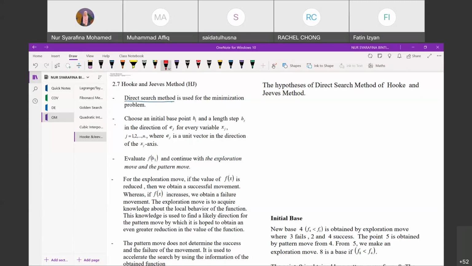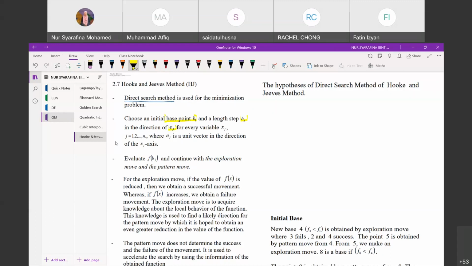So we are going to use a base point and a step length of H. B is our base point. H is our step length in the direction of EJ. Usually the direction is in terms of a unit vector, for every variable xj, where j is from 1 to n.